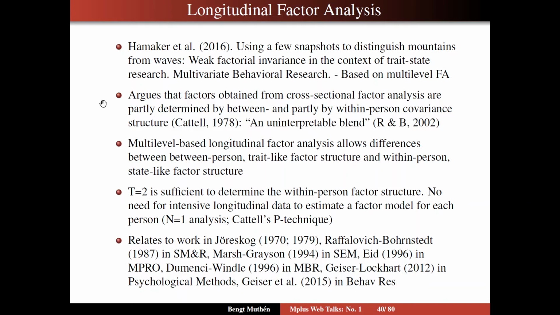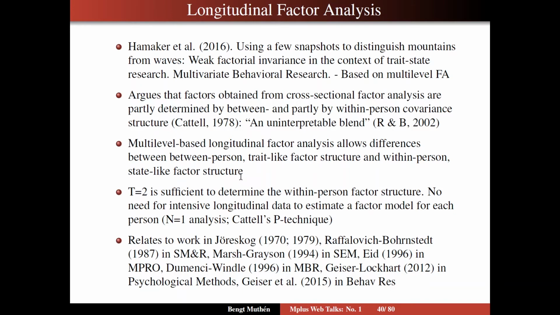And that blend of within and between sources is what Raudenbush and Bryk call an uninterpretable blend when you consider multi-level regression. Now, multi-level-based longitudinal factor analysis allows differences between, on the one hand, between-person trait-like factor structure, something that's more stable across time, and within-person state-like factor structure.